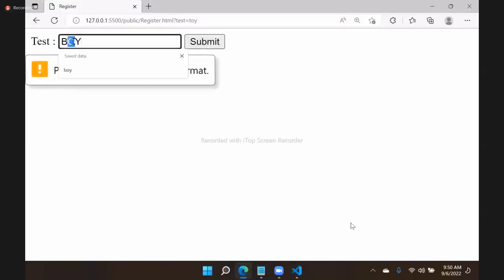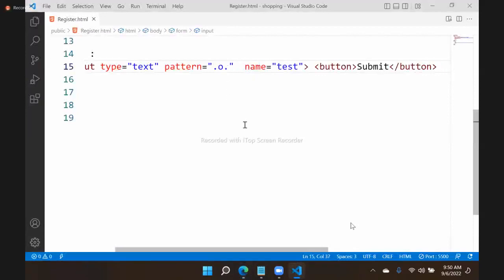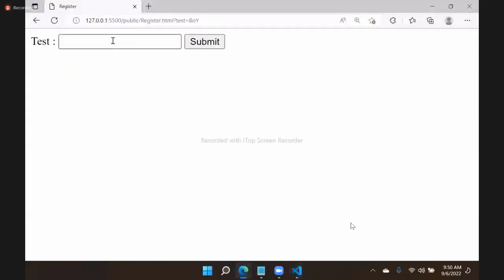Even though you have o in the middle, because which o is expected? Lowercase o, then only it is allowed. But if I want to allow upper and lowercase o, then you can give here pipe uppercase o. Am I right? That means now it is going to allow cow with uppercase too.